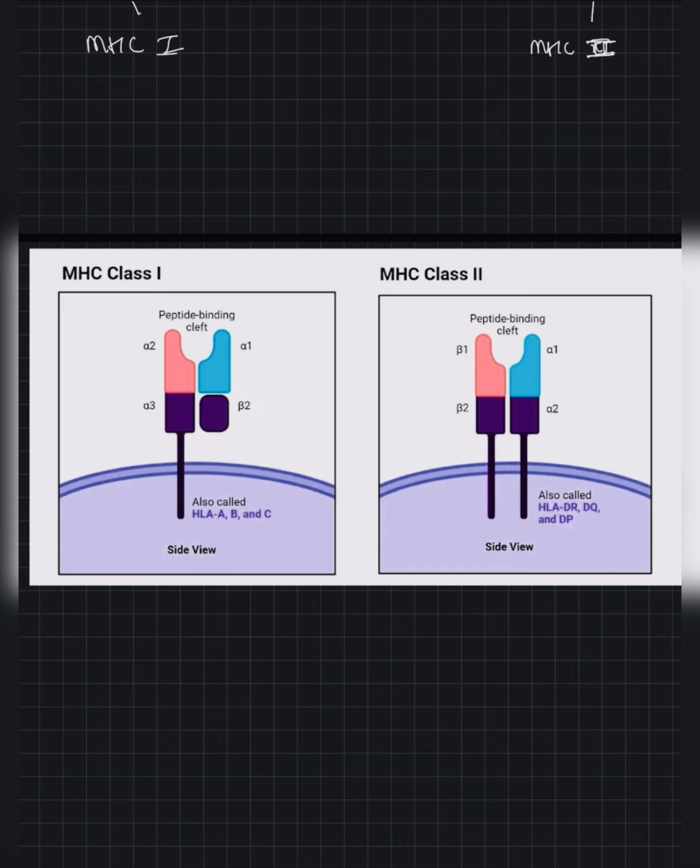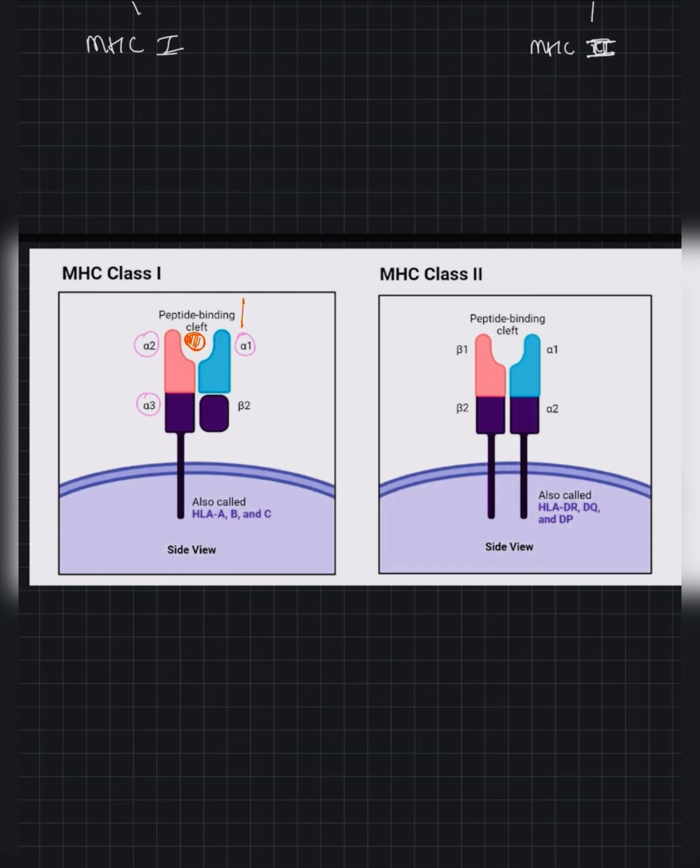Now, in MHC1, what we can see is there are 3 alpha molecules. This region that we can look at over here is the antigen presenting site, or we can say the antigen binding unit.